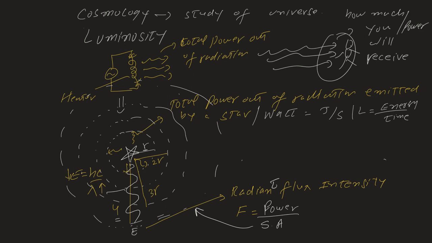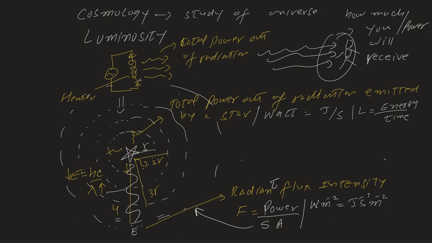What will be its unit? The unit will be watt per meter squared. As we know that watt is joule per second, the unit is joule per second per meter squared.